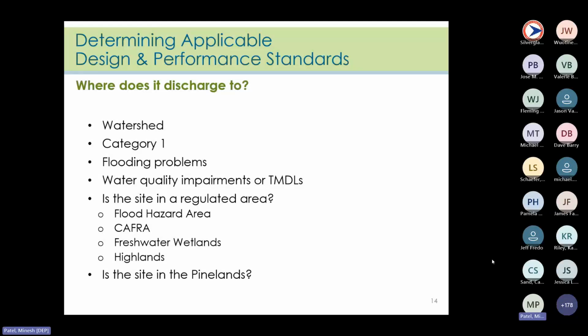Information such as whether the project is discharging to a flood hazard area or a Category 1 waterway is often not included, and therefore it's overlooked during the review. This information may also determine whether or not the project requires input from other agencies such as the NJDEP Land Use Regulation program or even the Pinelands Commission.